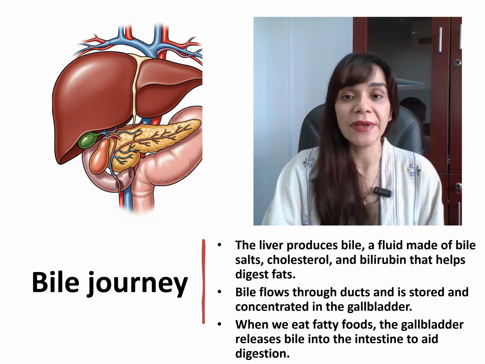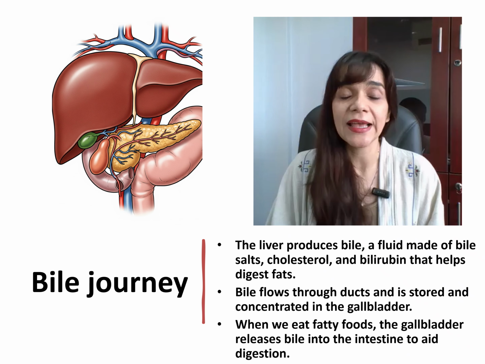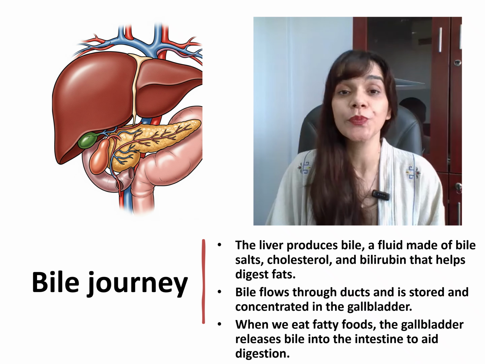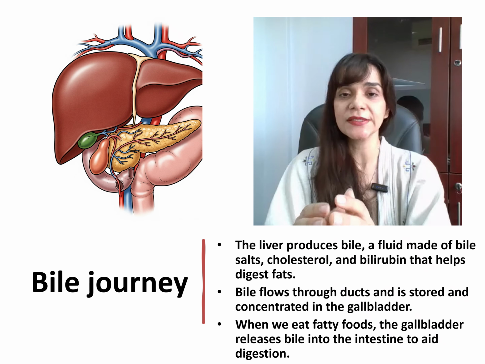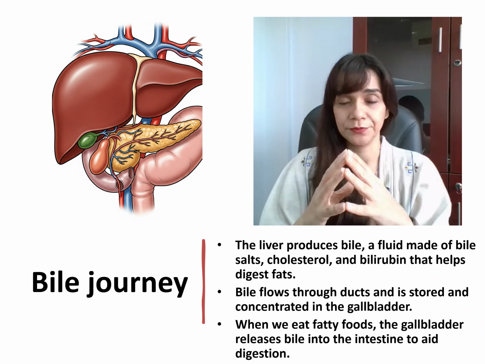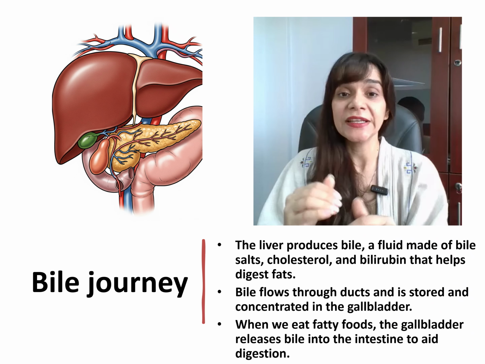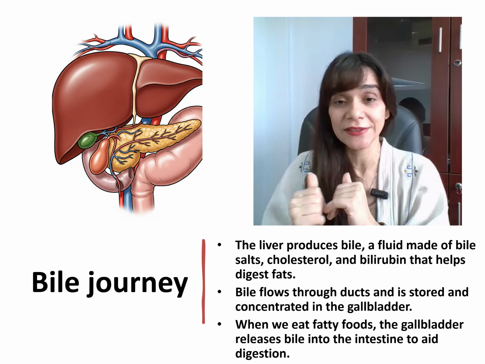This bile is made by liver cells from cholesterol, bile salts, and waste products like bilirubin. It flows through small bile ducts that join together to form the common hepatic duct, which carries bile either directly to the intestine or to be stored in the gallbladder.